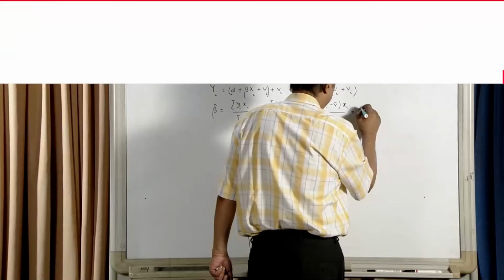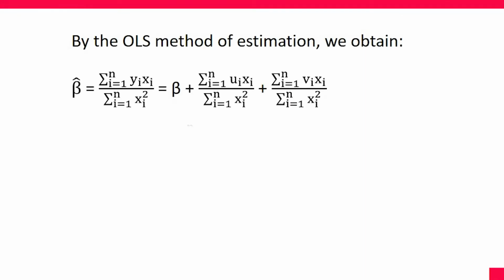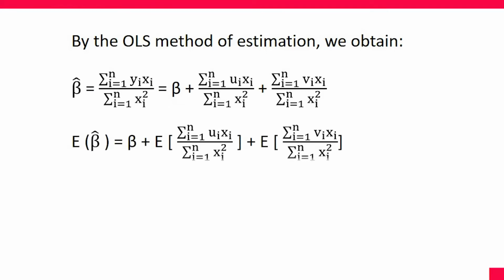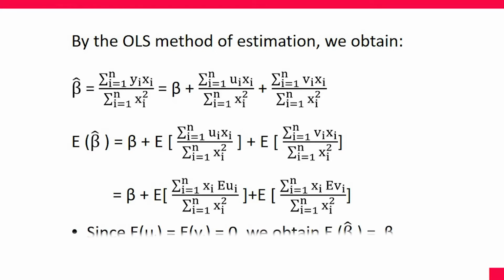So, this will be beta summation xi square plus summation ui xi plus summation vi xi, all upon summation xi square.